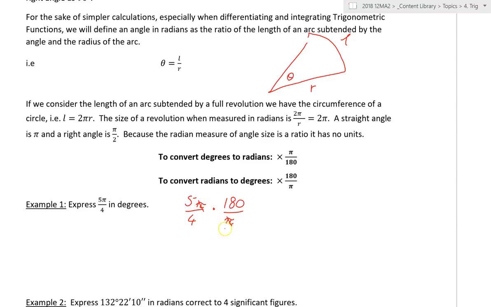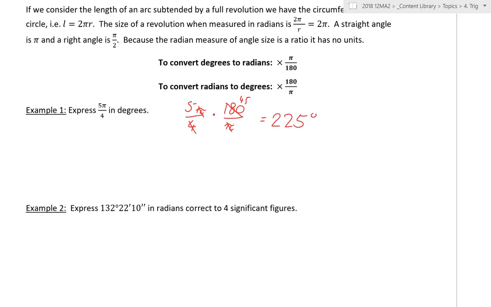My pi's cancel out, the 4 cancels with the 180 to give me 45, and 5 times 45 is 225 degrees. Now, 5 pi over 4 is a little bit more than 1 pi, since 4 pi over 4 would be 1 pi, so it's a little bit more than a straight angle, more than 180 degrees. That works out nicely.